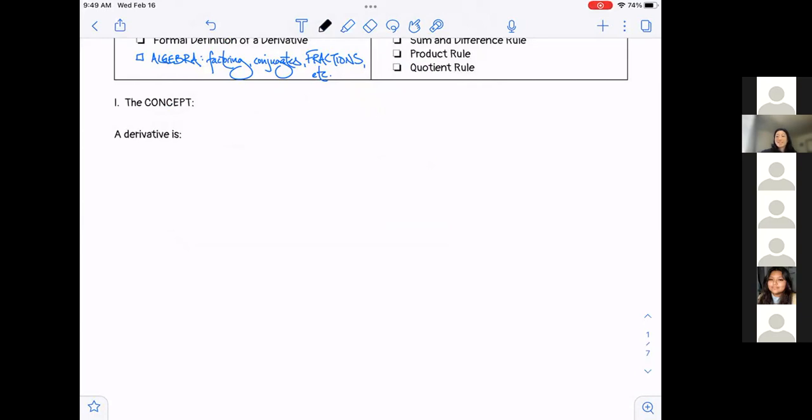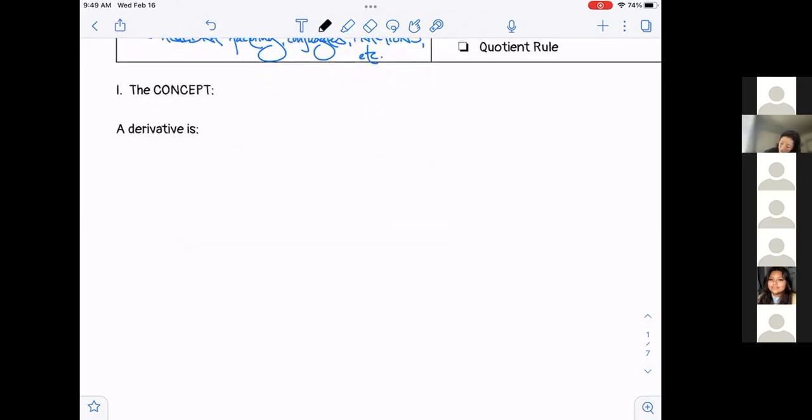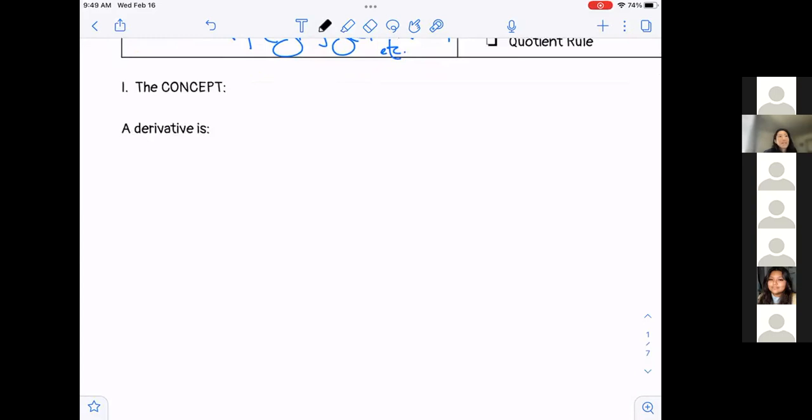I hope that silence is us flipping through our notes from Monday to try and refresh our brains. All right. A tangent line at a point. Any other thoughts on what is a derivative?